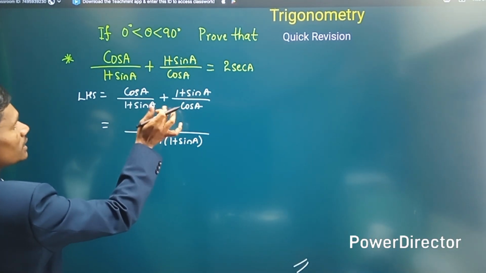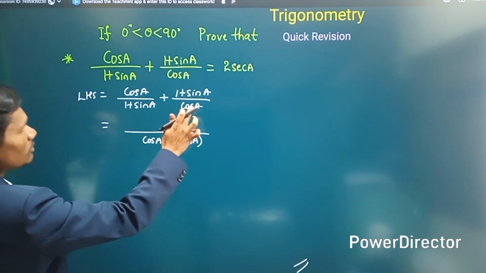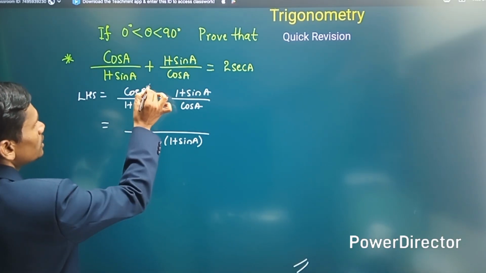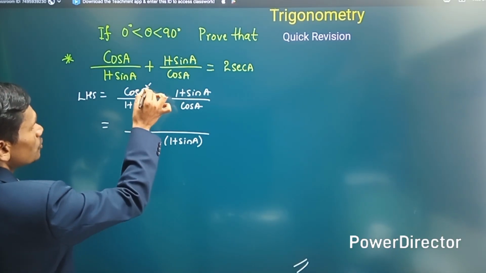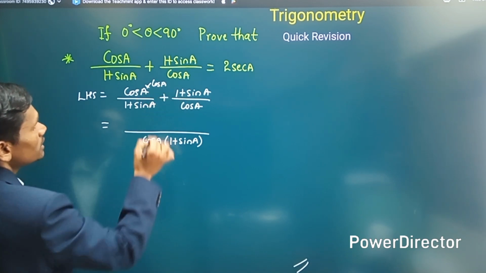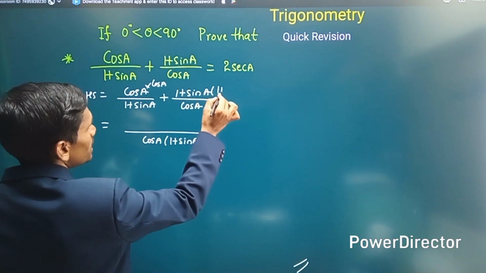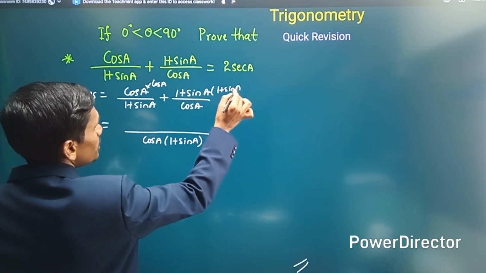Here, if these are different terms, just multiply them. If the only common factor between them is 1, you have to multiply. So here, 1 plus sin A into what is equal to the total factor, into cos A, right? Here cos A into what is equal to the total factor, into 1 plus sin A, right? You have to multiply.